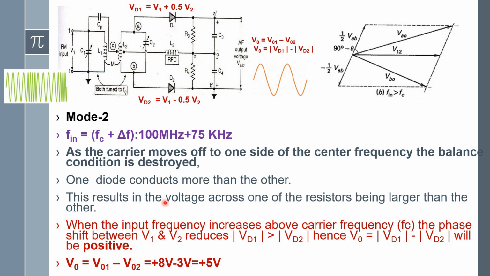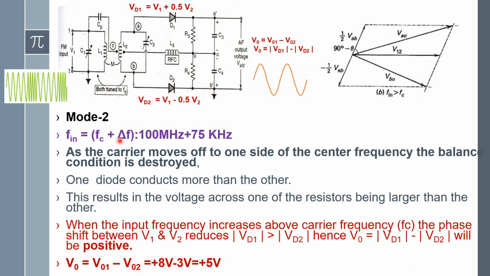So this results in the voltage across one of the resistors being larger than the other. Whenever the balance condition fails, one diode will conduct more, and the other diode will conduct less. The net output voltage depends on the corresponding potential across R1 and R2. Based on that, the polarity of the output voltage will be decided.